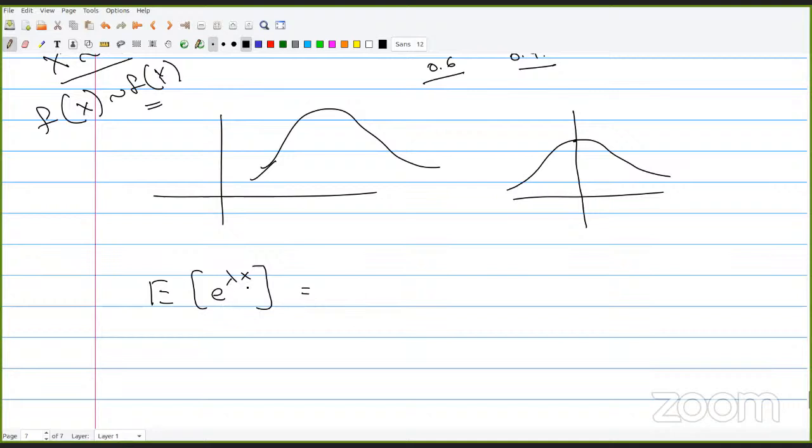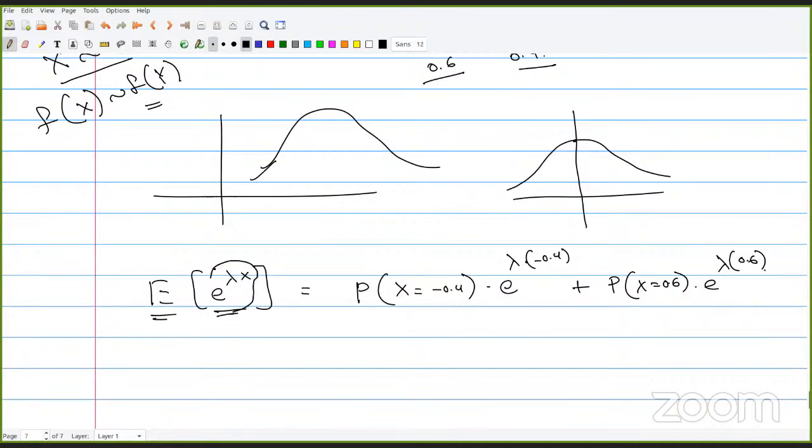So the expected value of e to the power lambda x will be the probability that x is taking minus 0.4 times e to the power lambda into minus 0.4, plus the probability that x is taking 0.6 times e to the power lambda into 0.6. Correct?